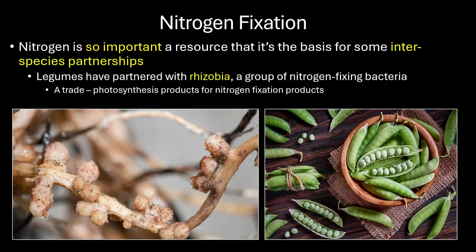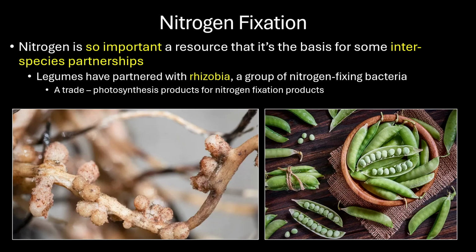In this case, we have some species of bacteria called rhizobia, that have partnered with plants, specifically the legumes, right? So peas and beans and things like that, where they live together and readily trade products for one another. So in this case, both of these organisms can make things that the other needs.